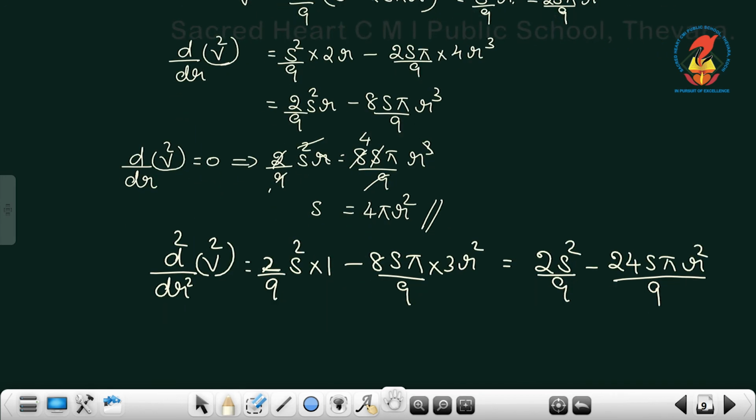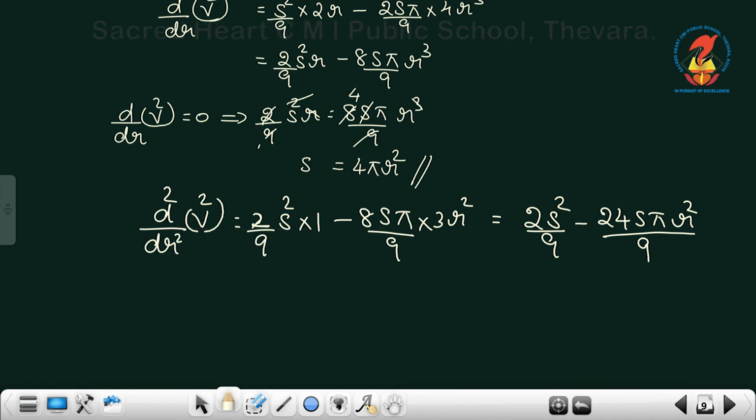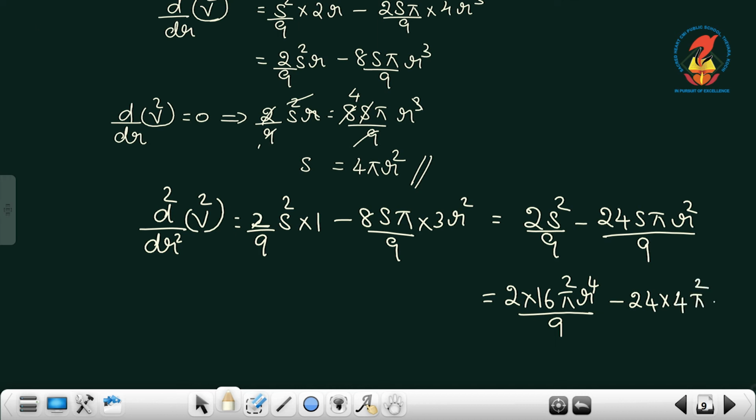Is it positive or negative? S value is given, 4 pi r square. So when s is equal to 4 pi r square, 2 into 16 pi square r raised to 4 by 9 minus 24 into 4 pi square r raised to 4 by 9.